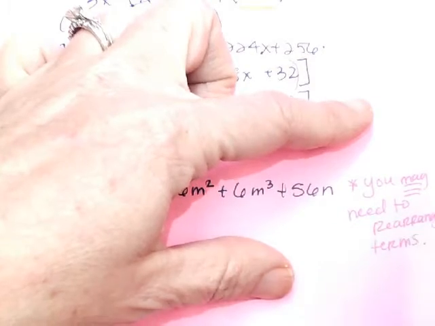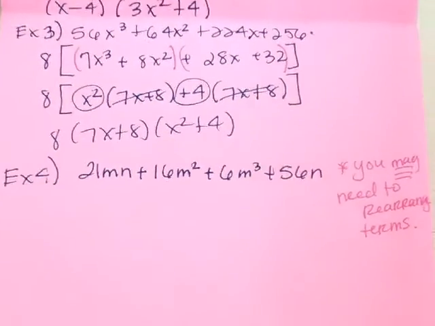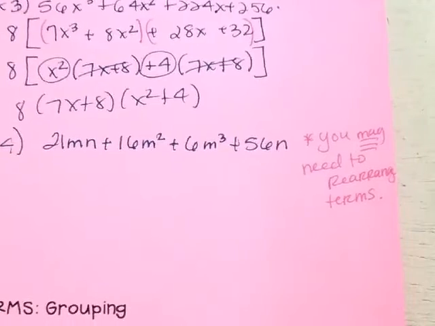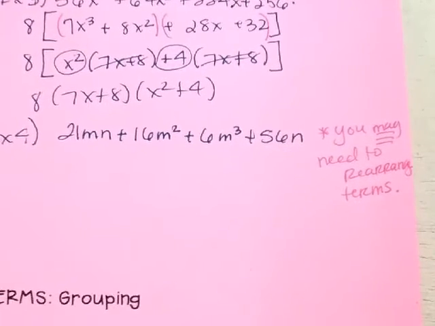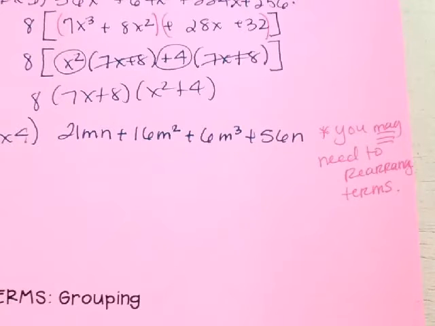Because sometimes you're not going to have a greatest common factor in those terms once you group them, and so sometimes you need to rearrange them and figure out how you can group them together so that you can get the right stuff. So I'm looking at things that I know are going to go together, and sometimes it doesn't matter how you rearrange it.